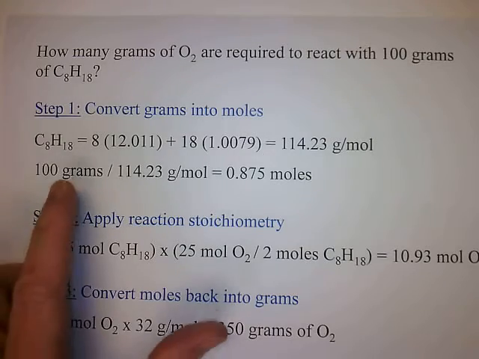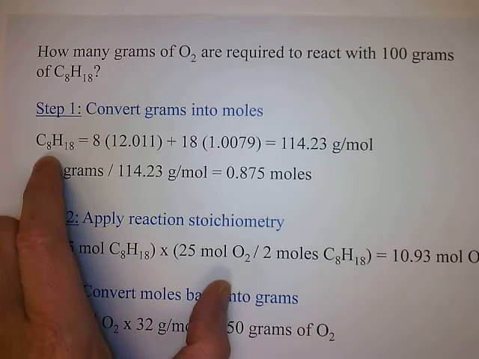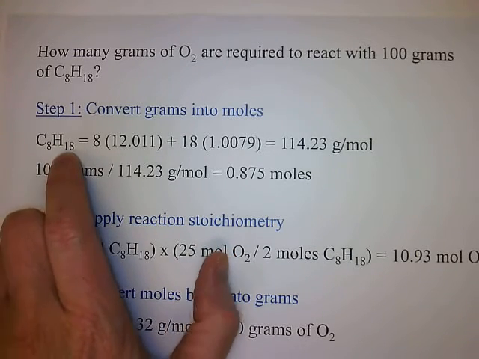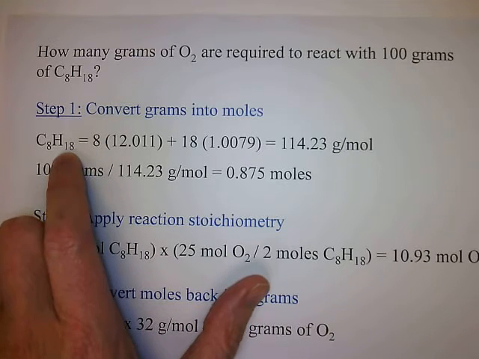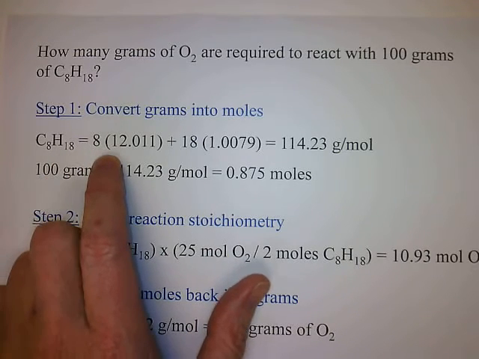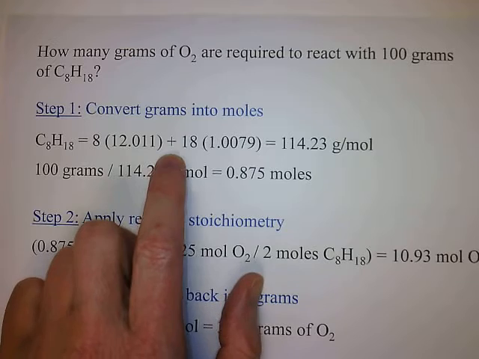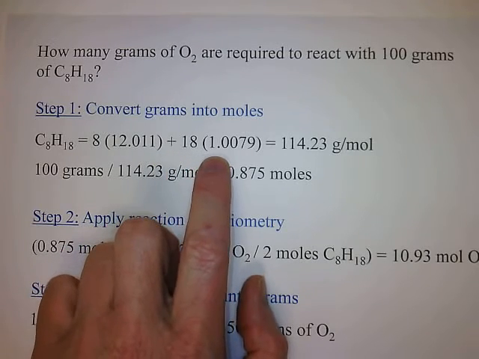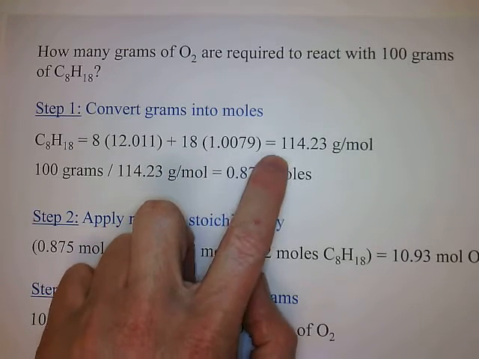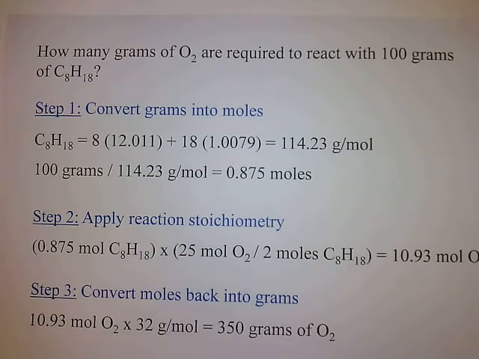So octane is 8 carbons and 18 hydrogens. So 8 times 12.011 plus 18 times 1.0079 comes out to be 114.23 grams per mole. Okay, so do we have more than or less than a mole?